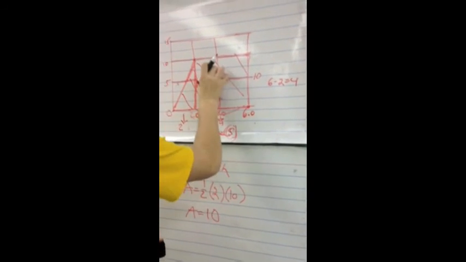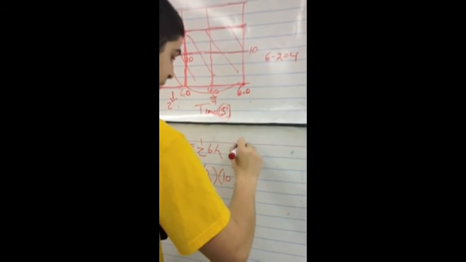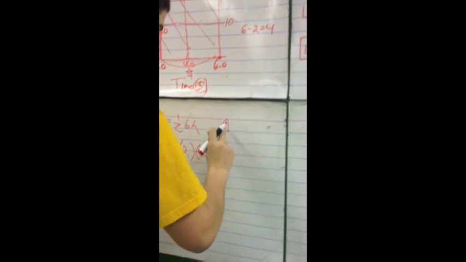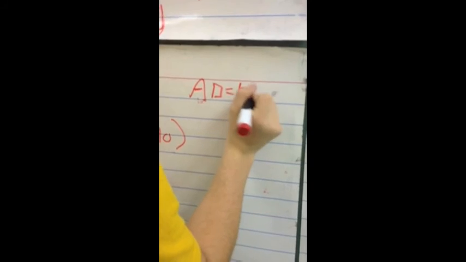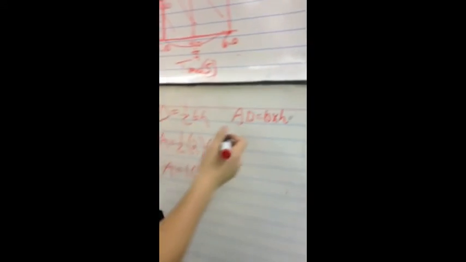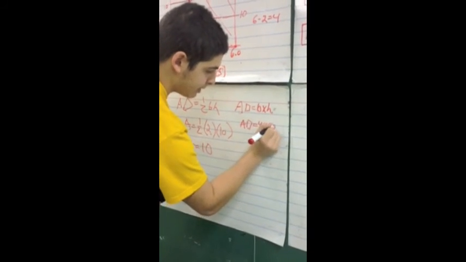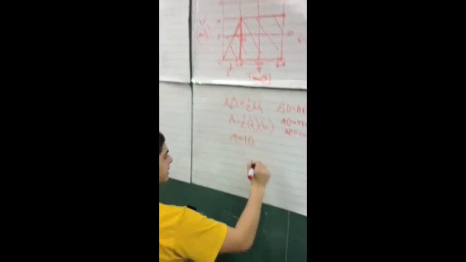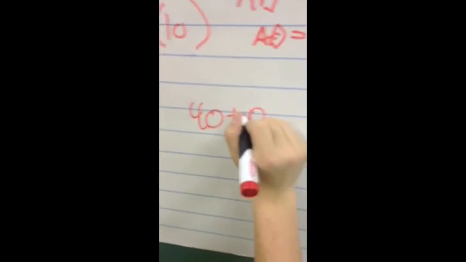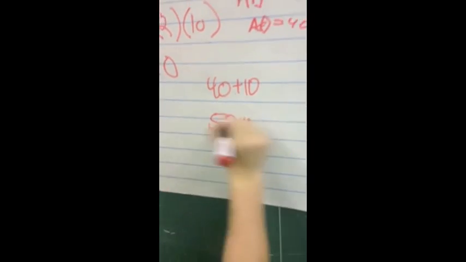To find the area, you multiply base times height, or leg times leg. So the area is 4 times 10, which is equal to 40. To find the area of this entire thing, you add the two areas together. 40 plus 10 gives you 50 meters as your total displacement.